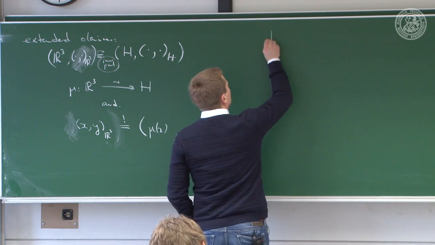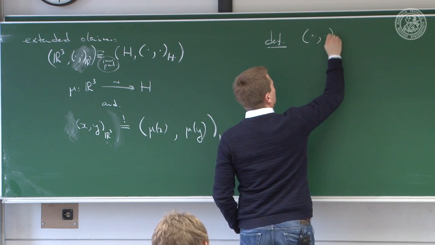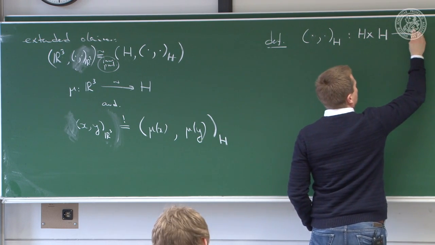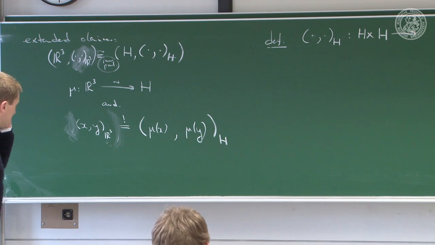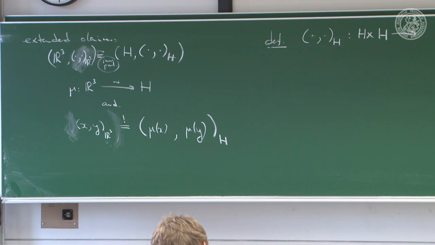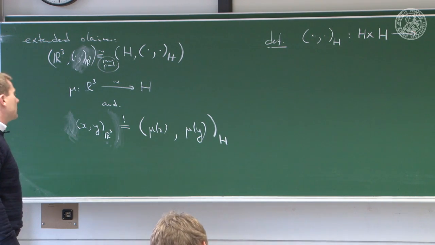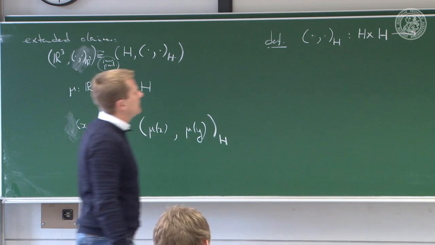So now let me define for you this inner product on H. So what does it do? It takes two elements of H and it produces a number. So now let's be careful. It needs to be a real inner product, because otherwise, hang on a second. Is this real valued? Well, it better be. I think it's real valued.